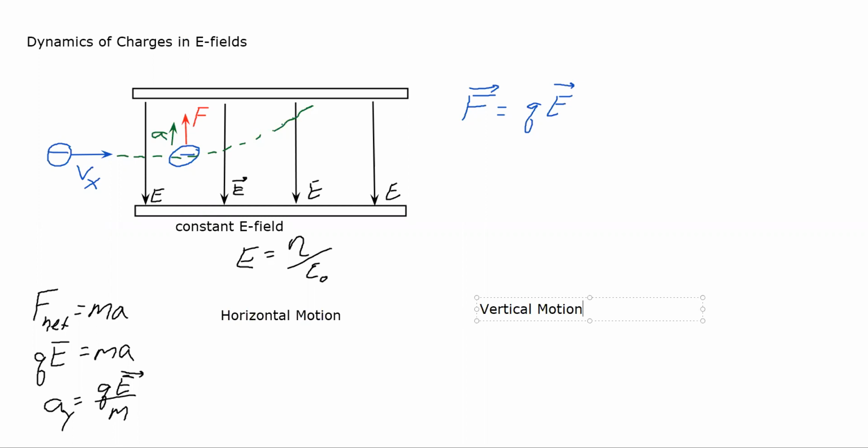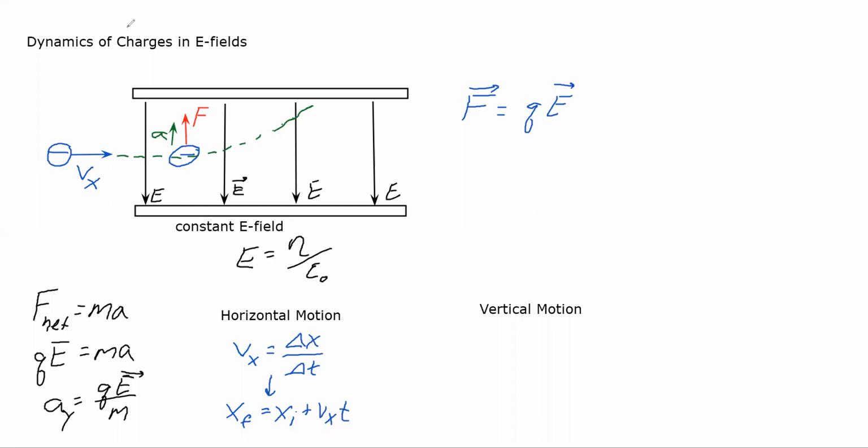For the horizontal motion, that velocity, for this problem at least, is essentially staying the same. So the only real equation that determines that is the equation for velocity, Vx equals delta x over delta t. Or I could rewrite it slightly, x final equals x initial plus Vx times t.